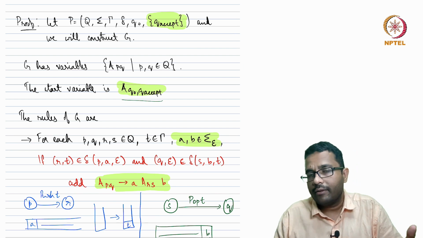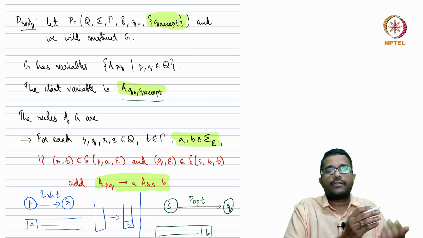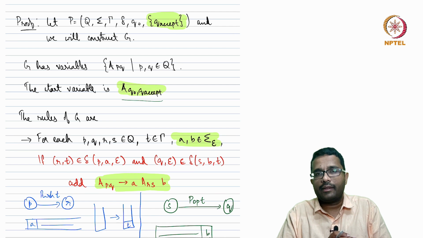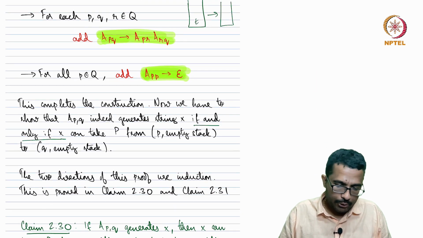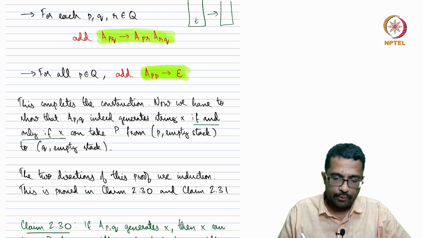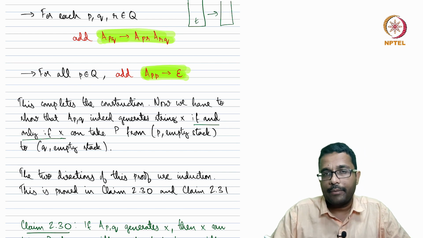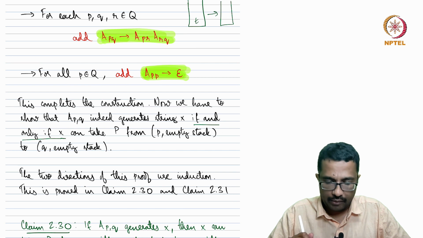This means that the set of strings accepted by the PDA is equal to the set of strings generated by the grammar, right? So this is the key thing that we have to show from now on in order to prove that this construction results in a grammar that is equivalent to the PDA.